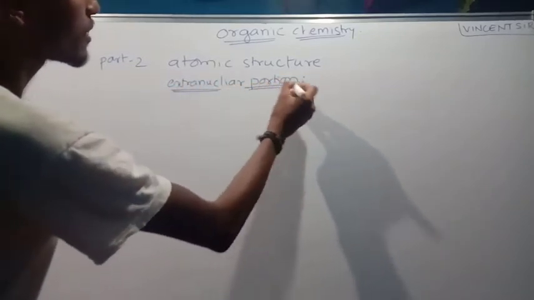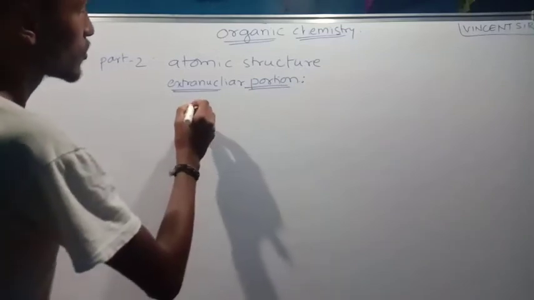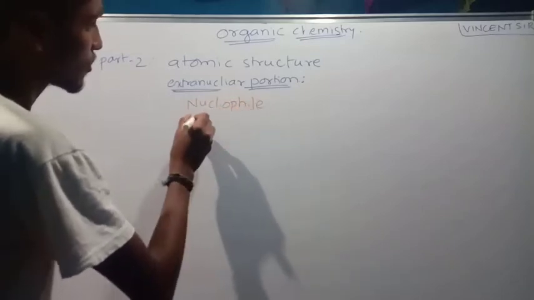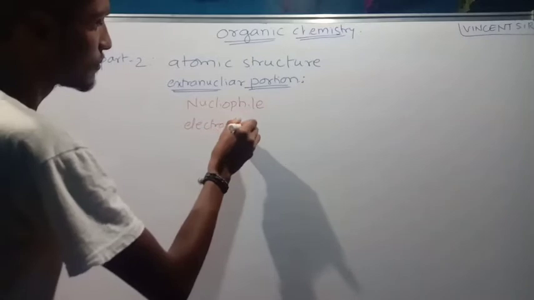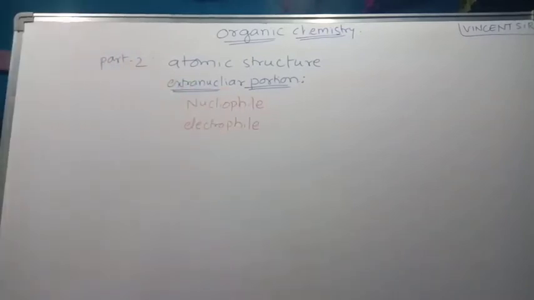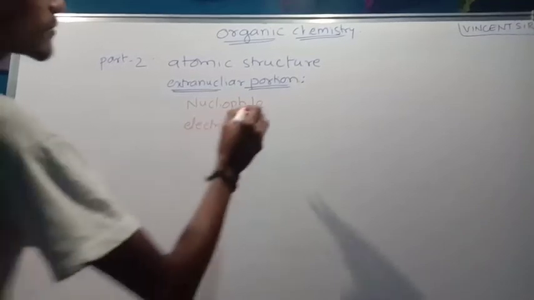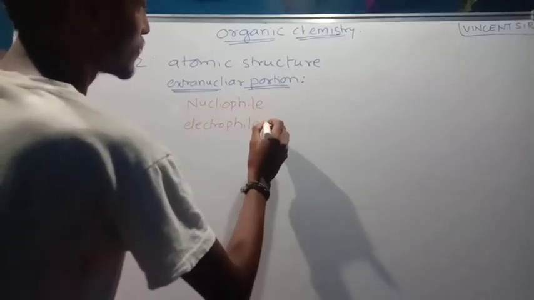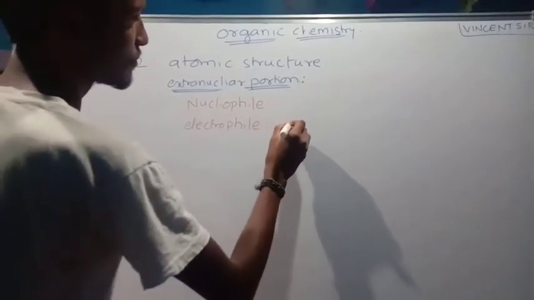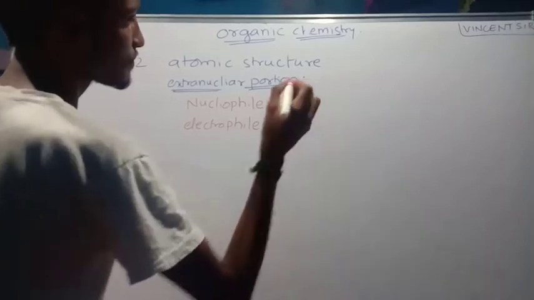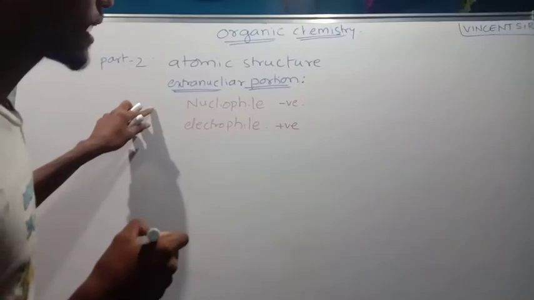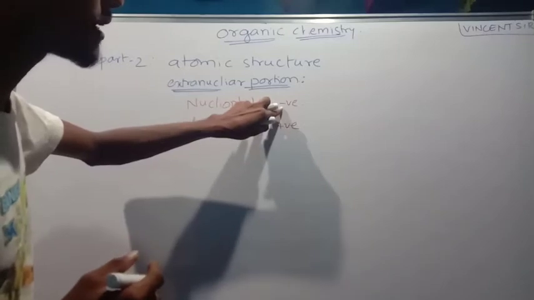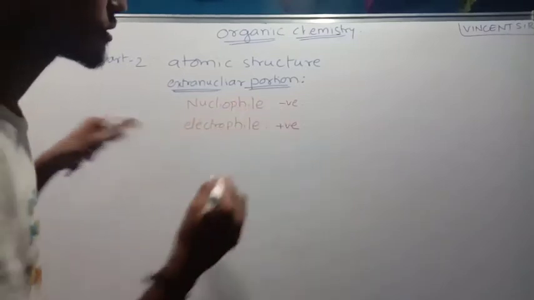In the extranuclear portion, what remains is the nucleophile and electrophile: when an atom becomes positively charged and when an atom becomes negatively charged.